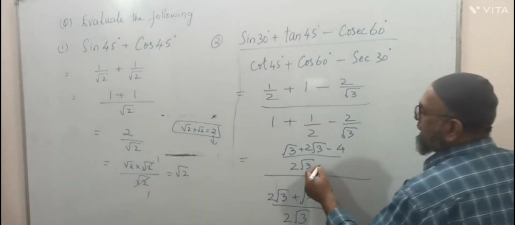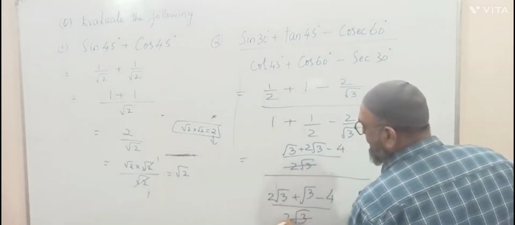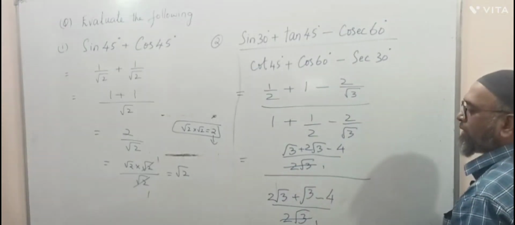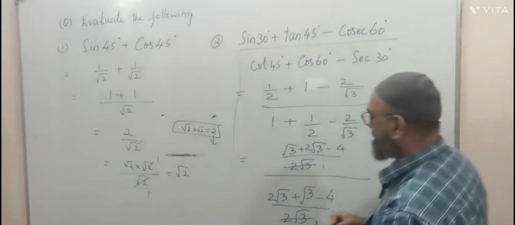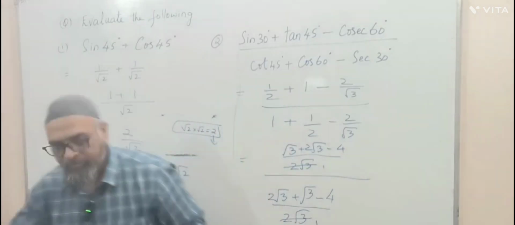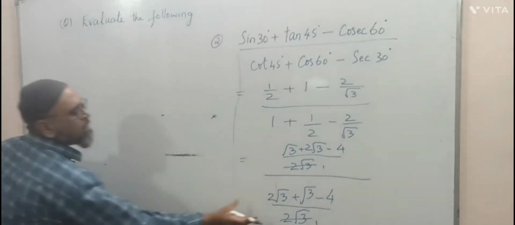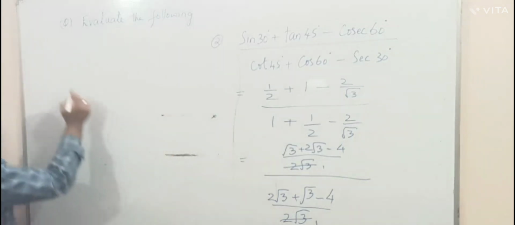Now what I can do? I can cancel this 2 root 3 and 2 root 3 ones. I cancel this. Now continuation of this I am doing here.